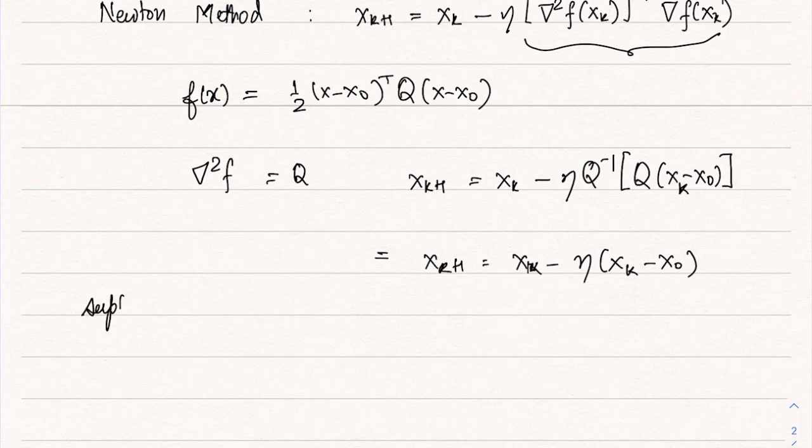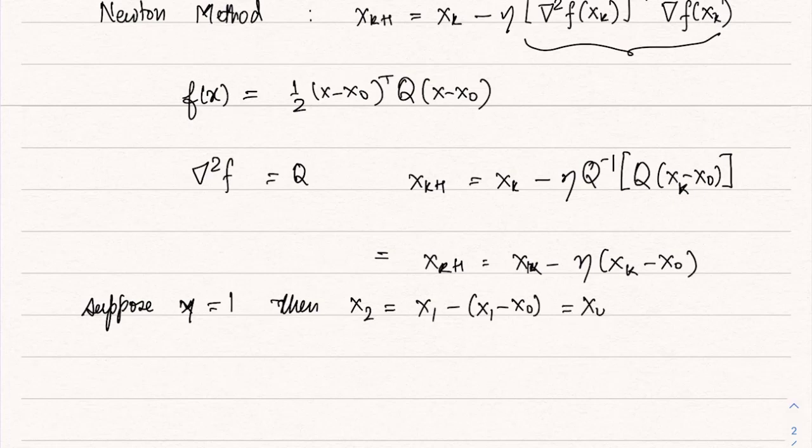So suppose here we choose eta equal to 1, then x_2 would be equal to x_1 minus x_0, which would be equal to x naught. So in one step you have convergence. So the Newton method converges in one step with eta equal to 1 for the quadratic case. So really in the quadratic case, Newton method is an overkill, but it is generally applicable.